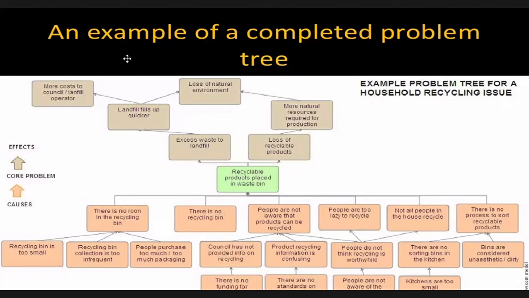They don't find it necessary. They don't have funds for the recycling bins. And there are no standards on recycling, as well as people are not aware and do not think recycling is worthwhile because they are not aware of recycling.